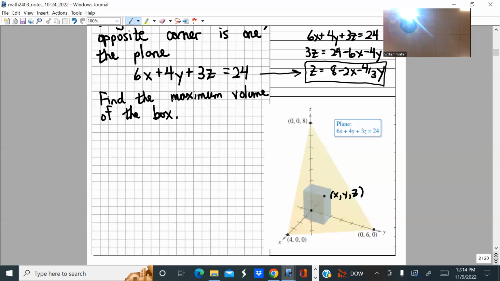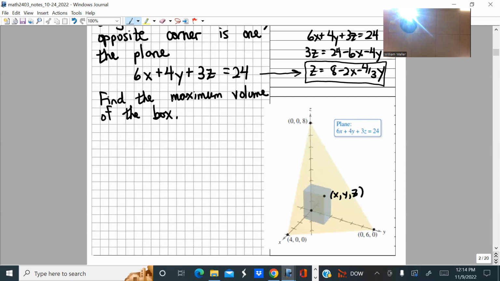I already forgot the question. So what is that? A box, maximum? Yeah, a box, right? It's not a rectangle, but it's a rectangular box.